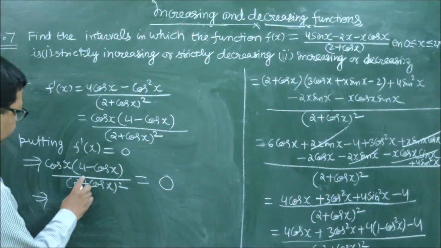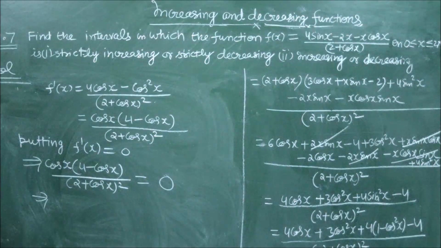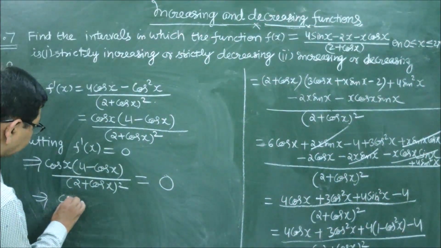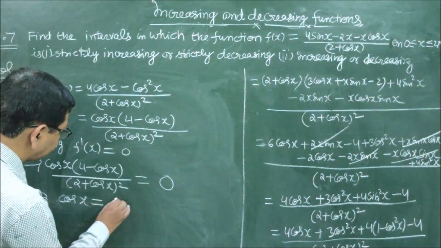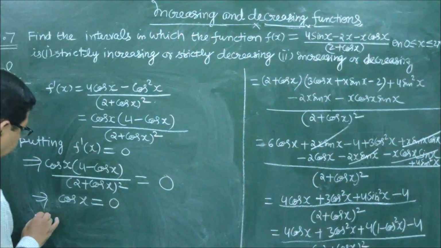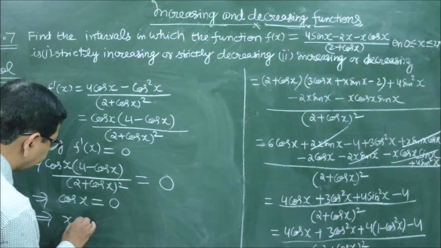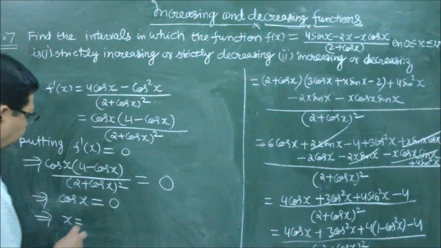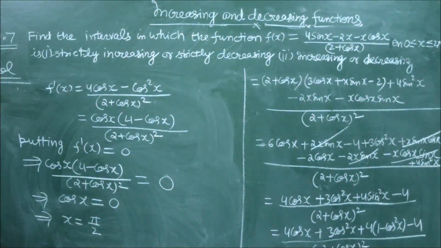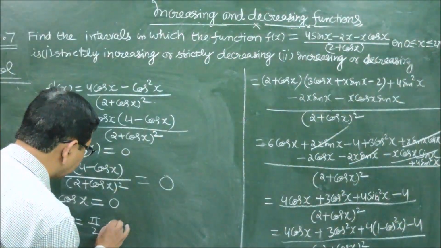If we put 4 − cos x equal to 0, then cos x is equal to 4, which is not possible, so ultimately we get cos x equal to 0. So cos x equal to 0 implies that the value of x is equal to π/2 or 3π/2.